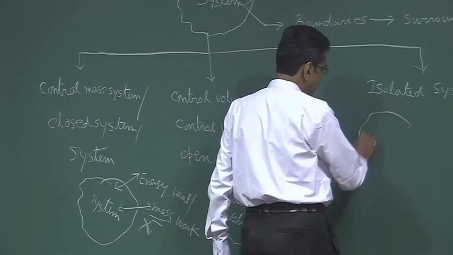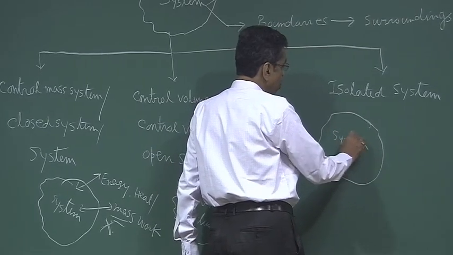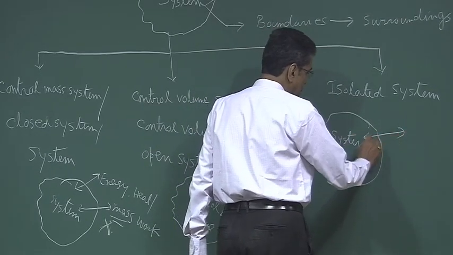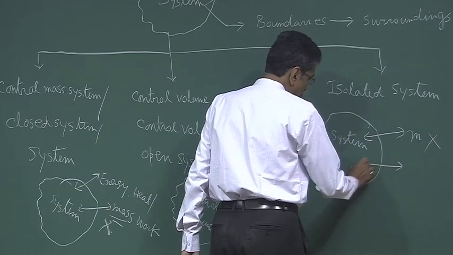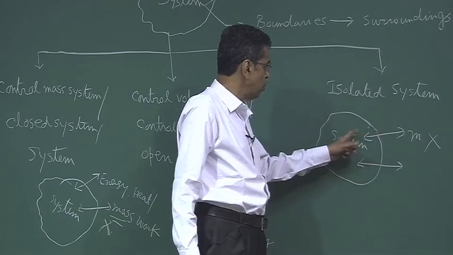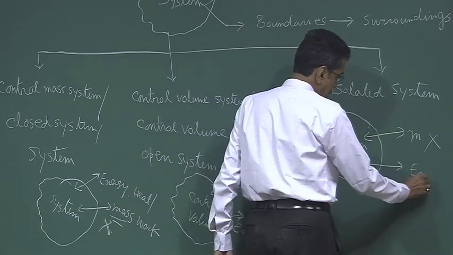An isolated system is a system which does not allow any mass transfer in any direction. That means no mass can come in, no mass can go out, and also there is no energy transfer.